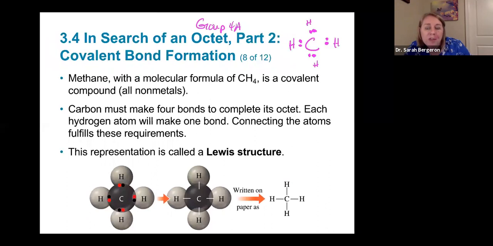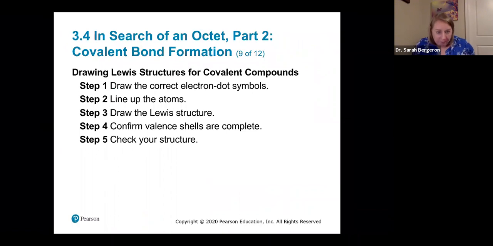And so when we change those dots into lines, see how we each have a line here, and a line here, and a line here? We call this a Lewis structure. And so this is a way to draw how atoms are arranged in a covalent compound. So when you're doing this, this is the way the book tells you.